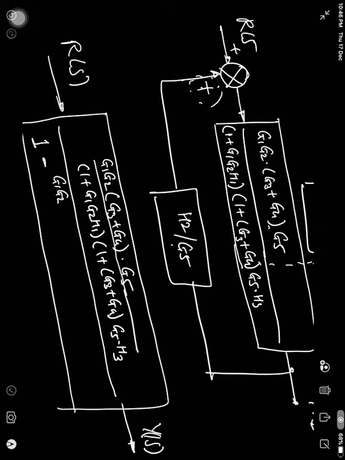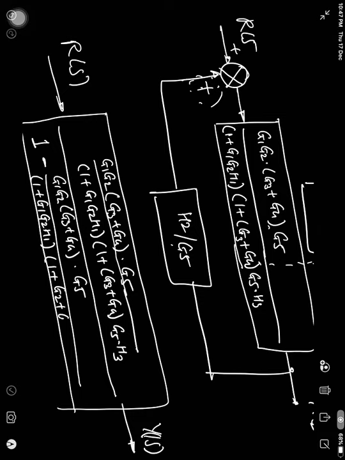So G1 G2 G3 plus G4 into G5 all together divided by 1 plus G1 G2 H1, 1 plus G3 plus G4 G5 H3, into 1 minus H2 upon G5. G5 gets cancelled here. This is H3 and H2.